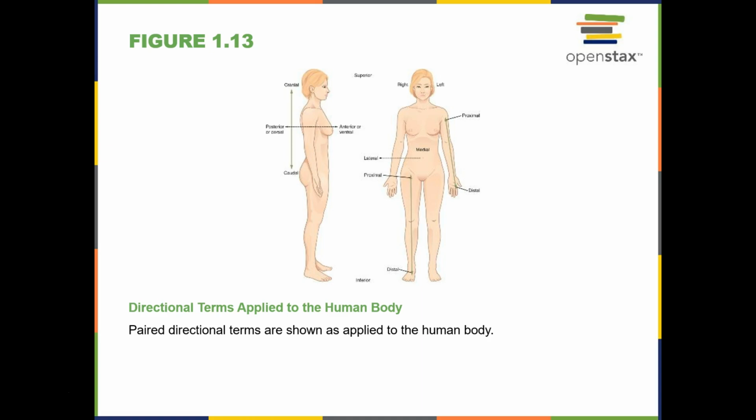So your elbow is proximal, your hand... I'm sorry, your hand is distal, your wrist. That's what I meant to say. Your fingers are distal, your hand is proximal. Does that make sense?